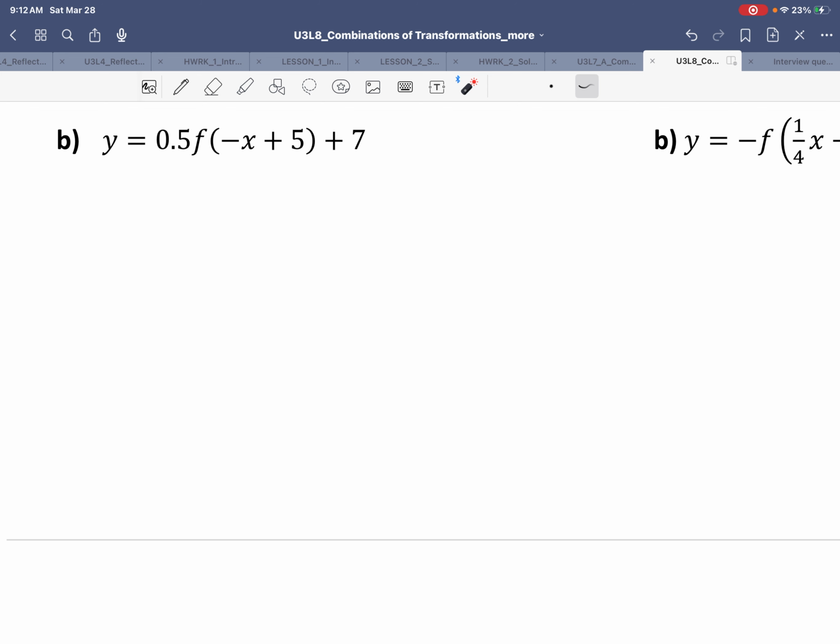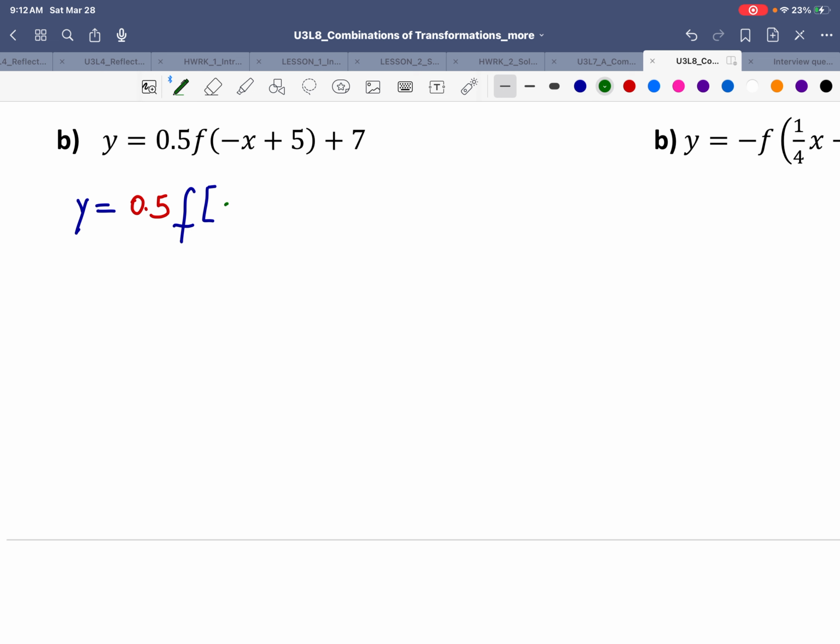In principle, we have explained everything so far. So again, we are in the case where k is in unfactored form. Remember that even though k is simply negative 1, that counts as a coefficient that needs to be factored. So here we go again. We have y equals 0.5, which is the coefficient a, and then we have f.